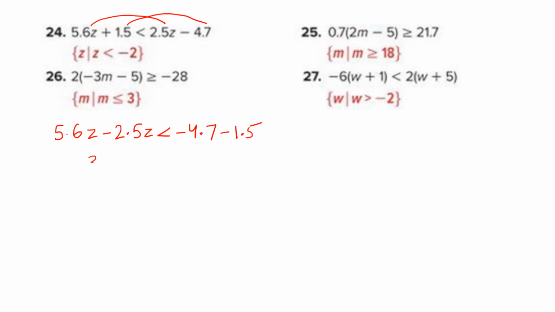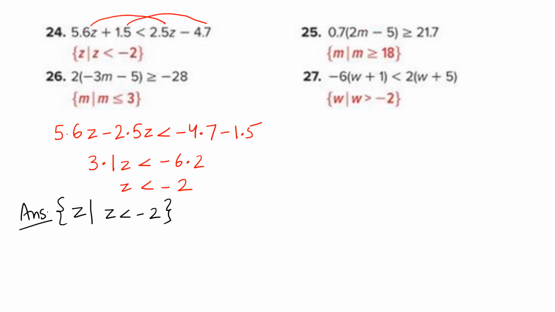So when you subtract, this gives you 3.1z is less than negative 6.2, or z is less than minus 2. So now you can write the answer in set builder notation, z such that z is less than minus 2. So this is going to be the answer.